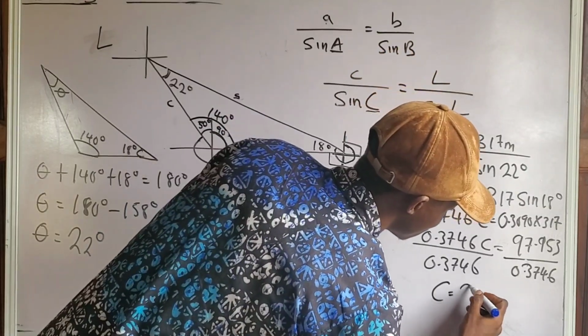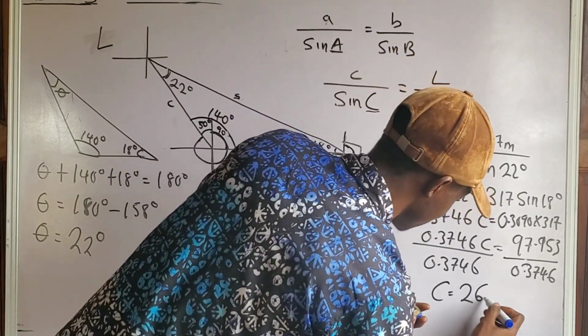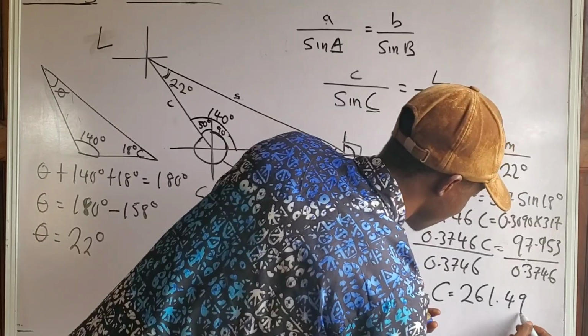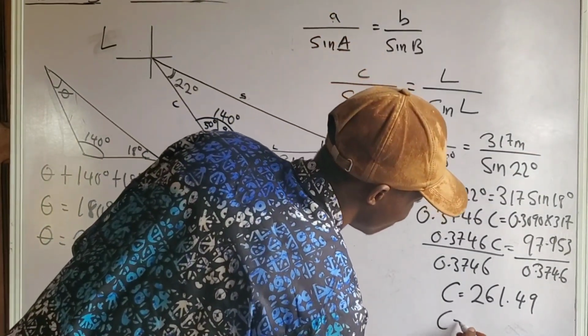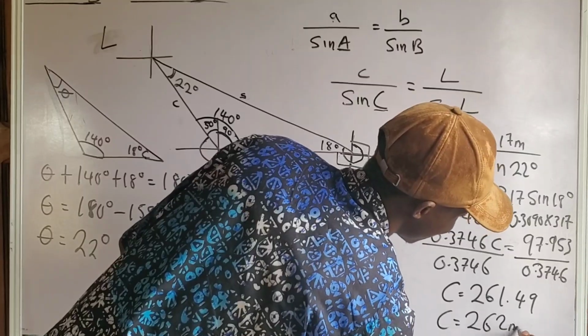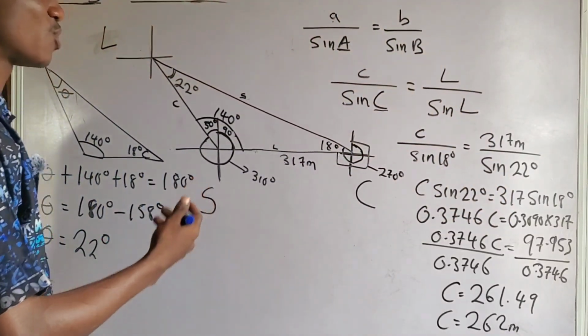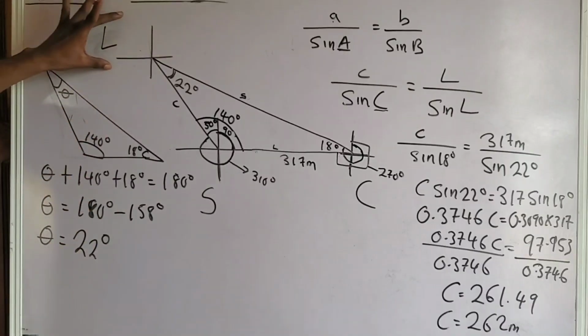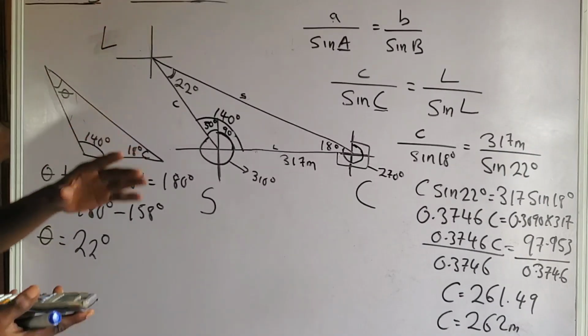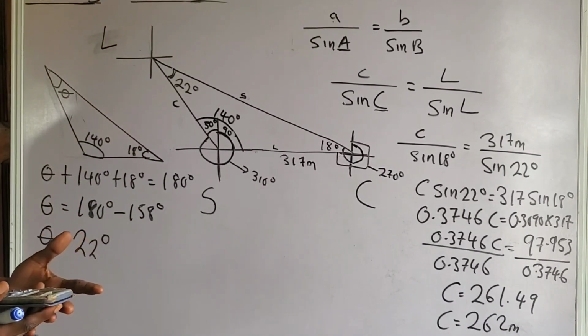So C equals 261.49, and you can approximate to the nearest meter. The value of C will be equal to 262 meters. Do you understand? So that is the solution to that question. You can see that immediately you are able to draw the diagram, the rest of the question becomes simple, okay?